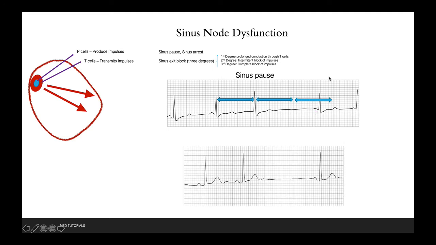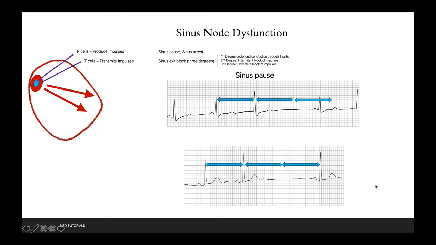If you look at the second ECG, now again you see after the second complex we do see a pause, but here if you notice, the pause is double. That means the RR interval looks to be double that of the first complex.